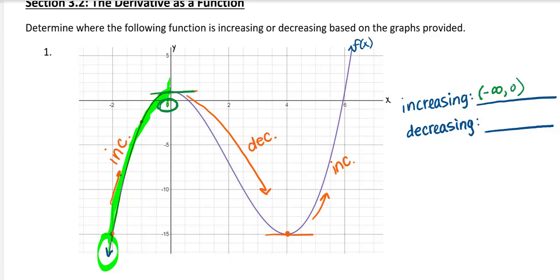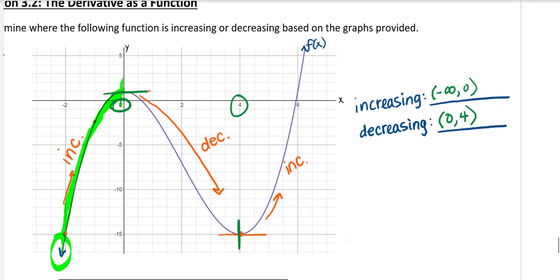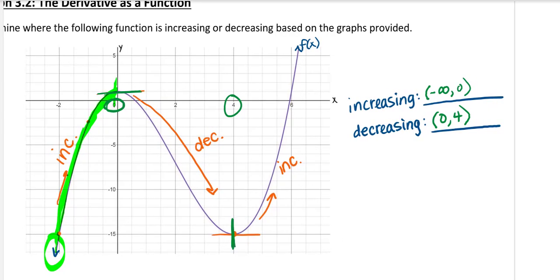Then at x equals 0, we turn around and decrease until this x value right here, which is an x value of 4. So I'm decreasing from 0 to 4. Then I stop at x equals 4, turn around, and increase the rest of the way. That would be the union with 4 to infinity.